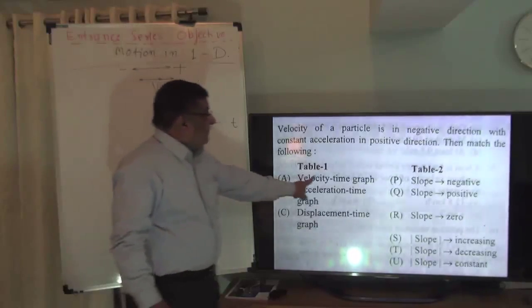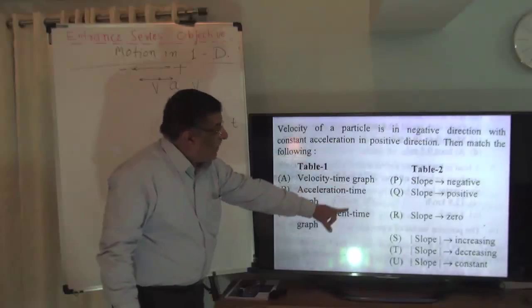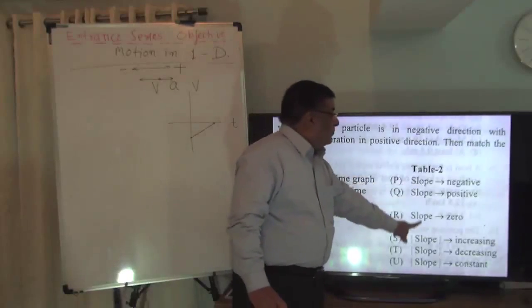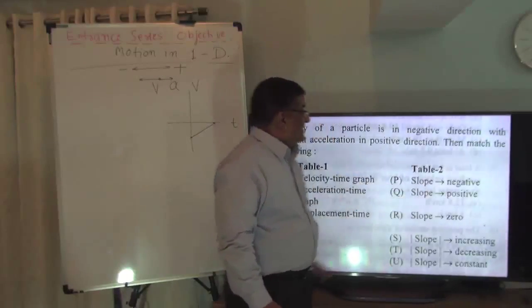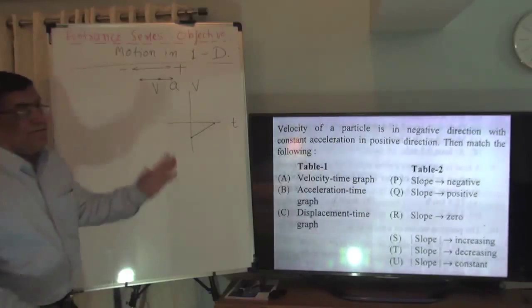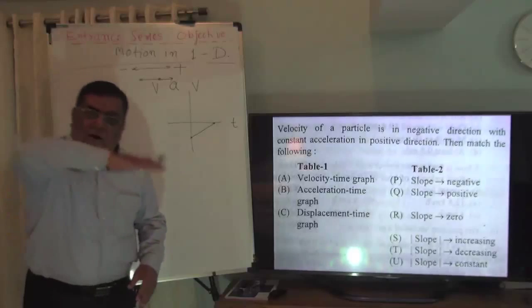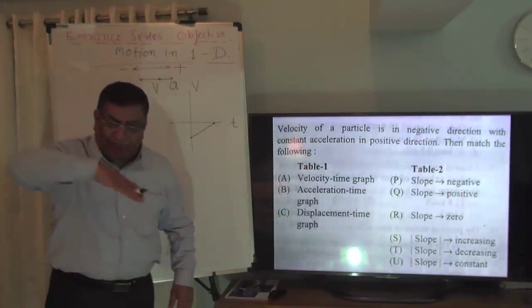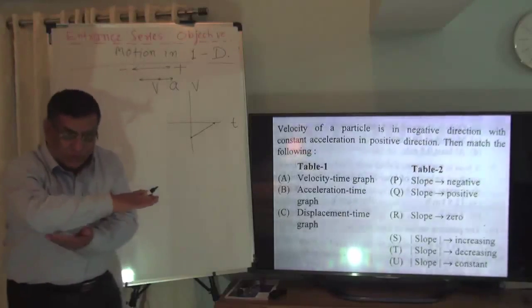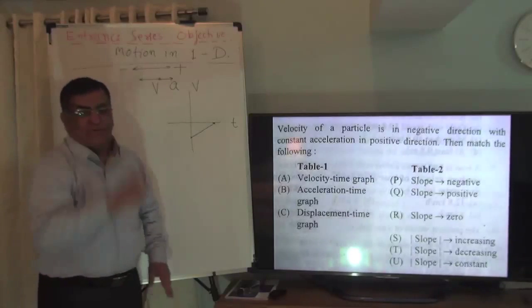Okay, if this is velocity time graph, we have to reply the slope. Is this slope negative or positive? Any line which is going down has got negative slope, and any line which is going up has got positive slope.